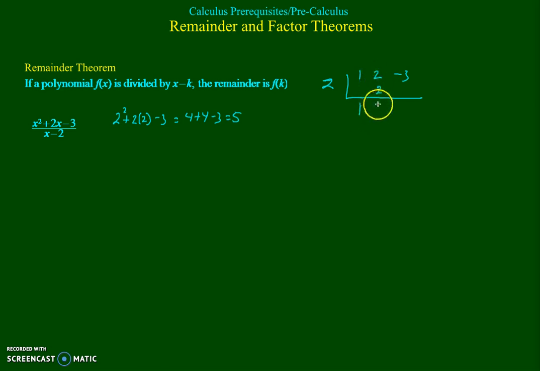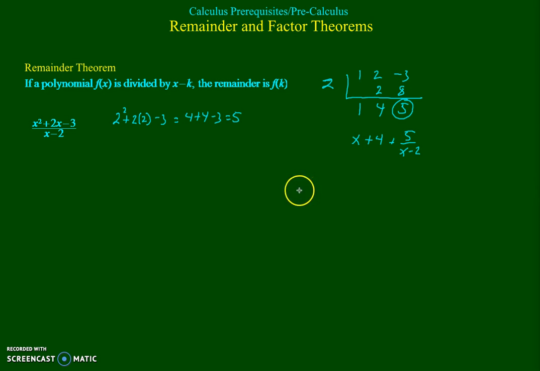Multiply, add, multiply, add, and we can see that yes, in fact, our remainder is 5. So we get x plus 4 plus 5 over x minus 2. So the remainder is 5. And this is what they're talking about with the remainder theorem.